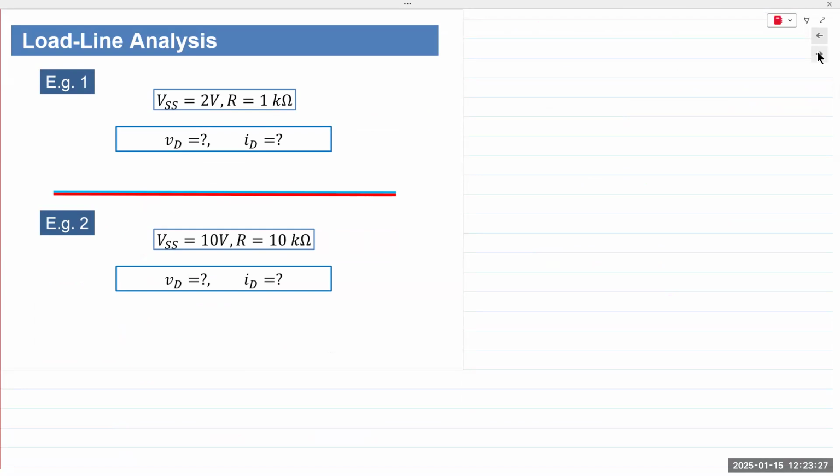So we would write an equation, and we would find, for example 1, if ID is equal to 0, then VD is equal to 2 volts.